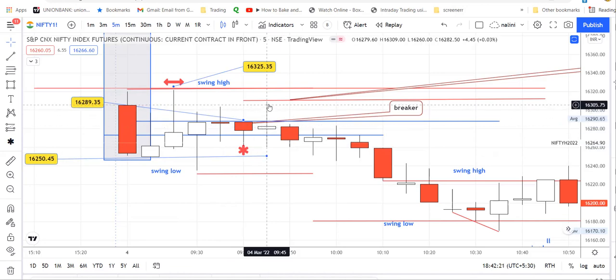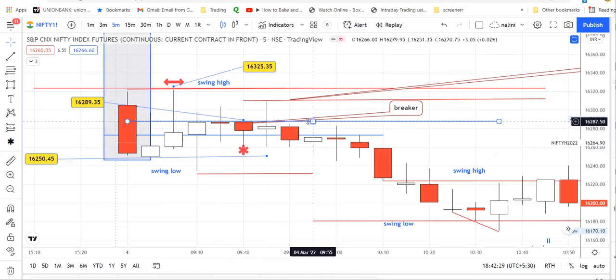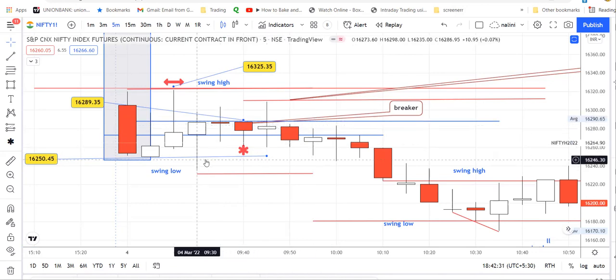It was a bullish candle, a trap candle, but it closed below the opening price of this candle, 16,288. So you got the change in behavior, and then you are not going to go long in this structure. So you need to look for a put.